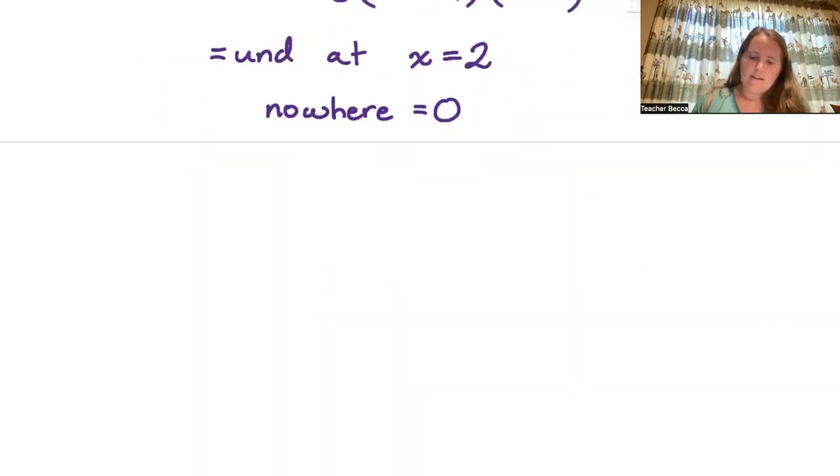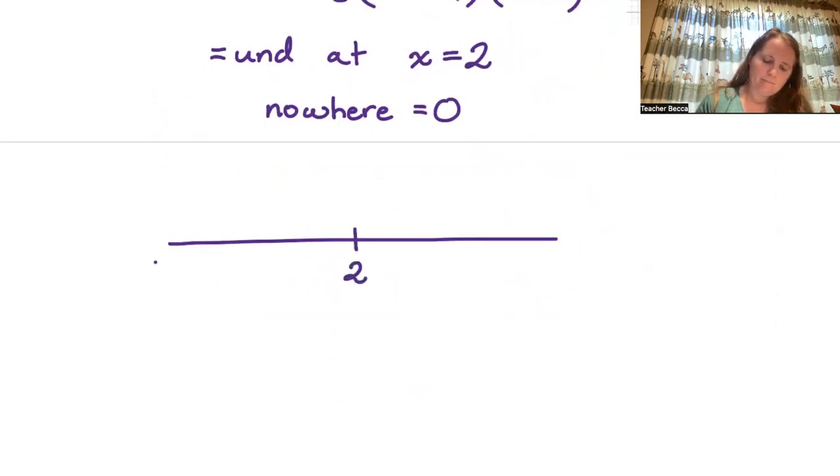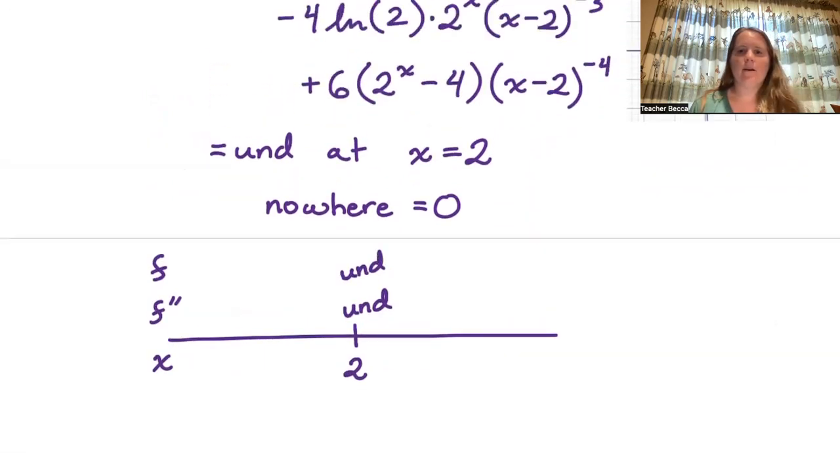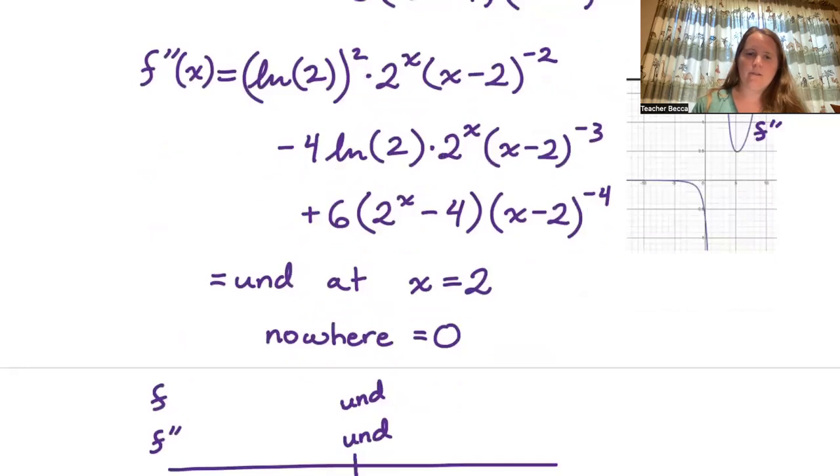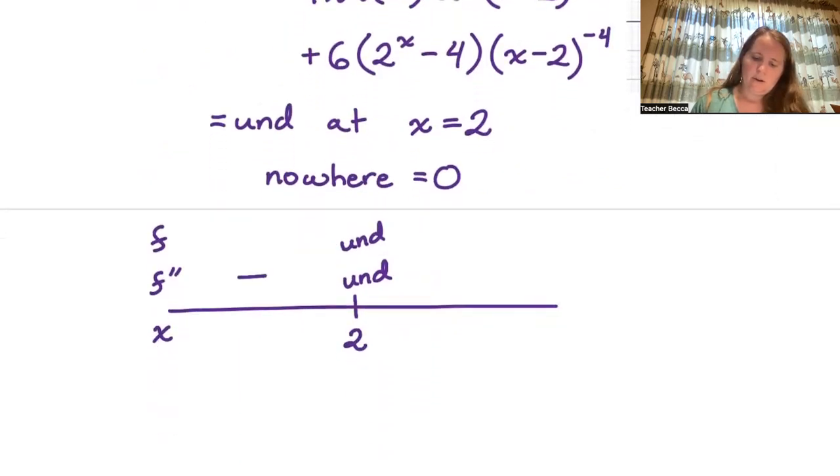So in any case, our second derivative does not have a lot going on. It is undefined at 2. We also have that f was undefined at 2. That does not always have to be the case. Our second derivative is negative to the left of 2, positive to the right of 2. So we start off concave down, switch to concave up.